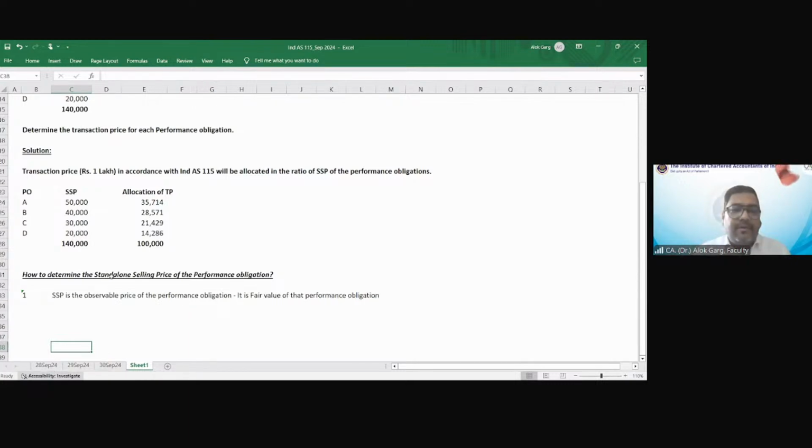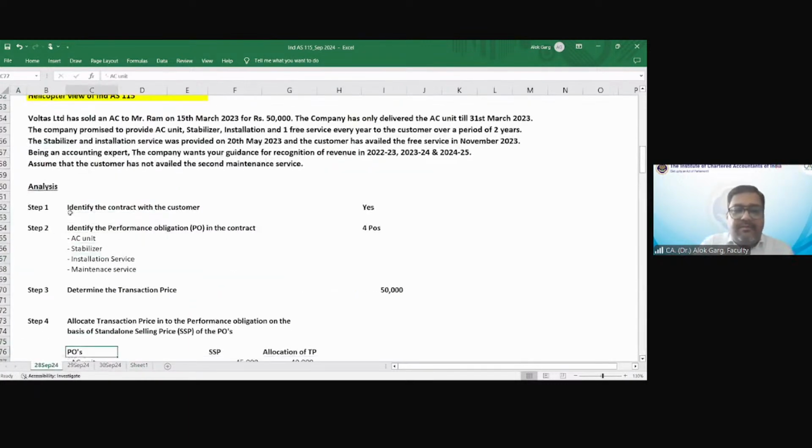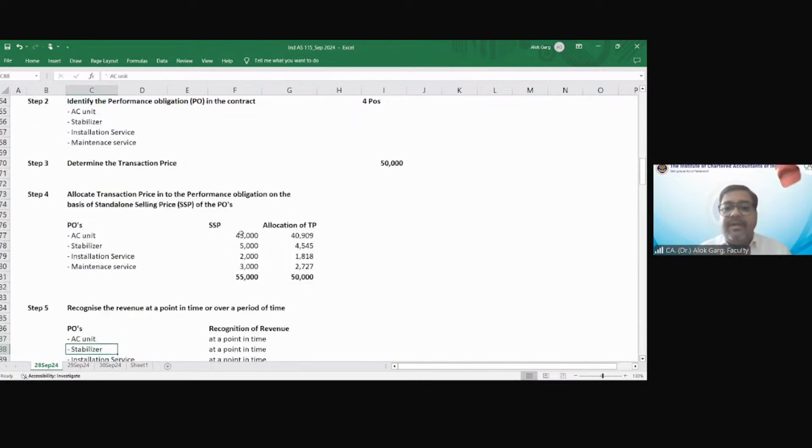Let's come to the helicopter view. The company is individually selling the air condition unit at 45,000, stabilizer at 5,000, installation at 2,000, maintenance at 3,000. So the entire package value is 55,000, but the entity is selling the entire package at 50,000.